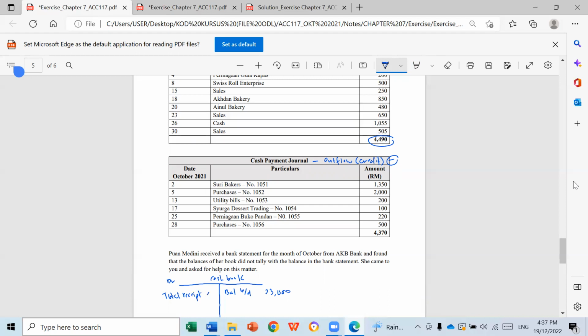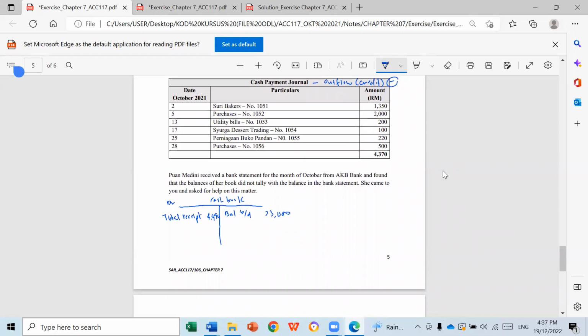The total receipt is 4,490. And we will record the total payment, which is 4,370. So now we can find the closing balance. We will balance off the account and we can find that the total will be 27,370.